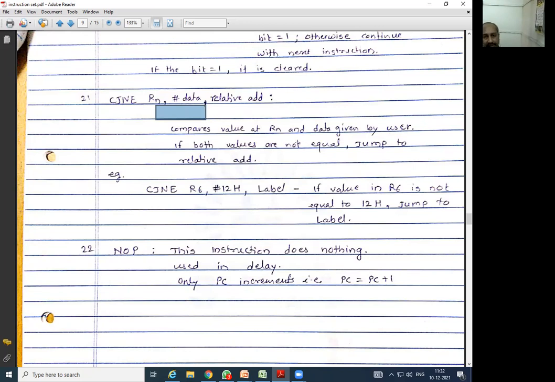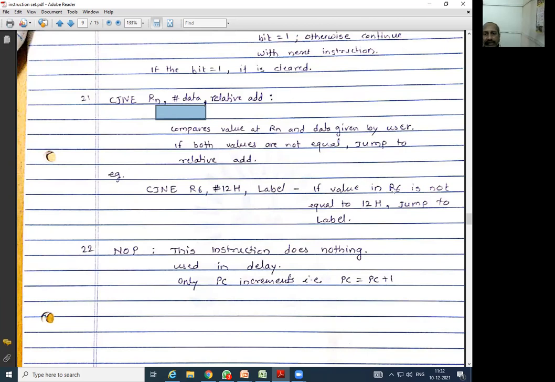Okay, so the example is also provided over here, that is CJNE R6 comma hash 12H comma label. So 2 times comma is here, so we don't have to forget that.